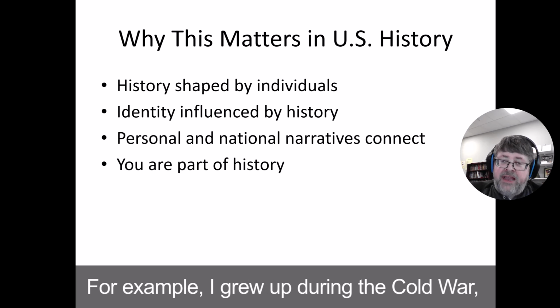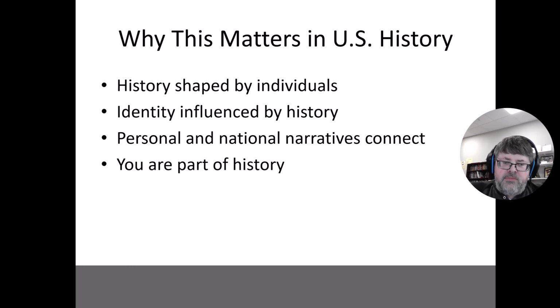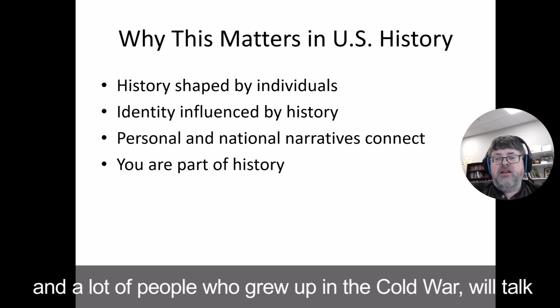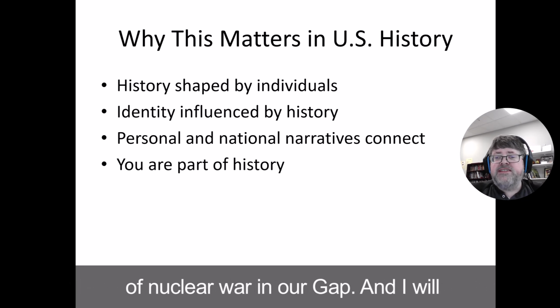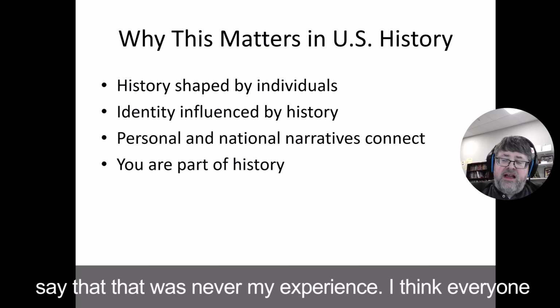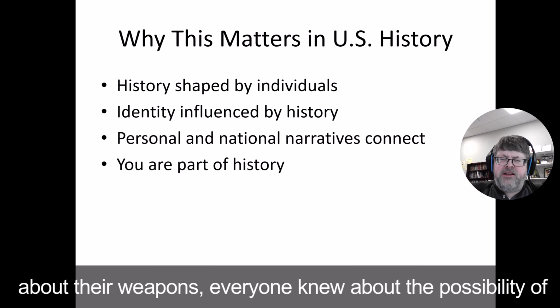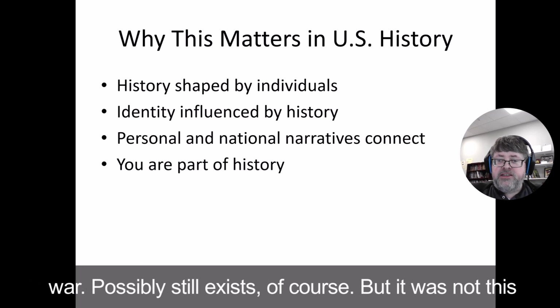For example, I grew up during the Cold War, and a lot of people who grew up in the Cold War will talk about being really heavily influenced by this pervasive fear of nuclear war and Armageddon. And I will say that that was never my experience. I think everyone knew about nuclear weapons. Everyone knew about the possibility of nuclear war, a possibility that still exists, of course.